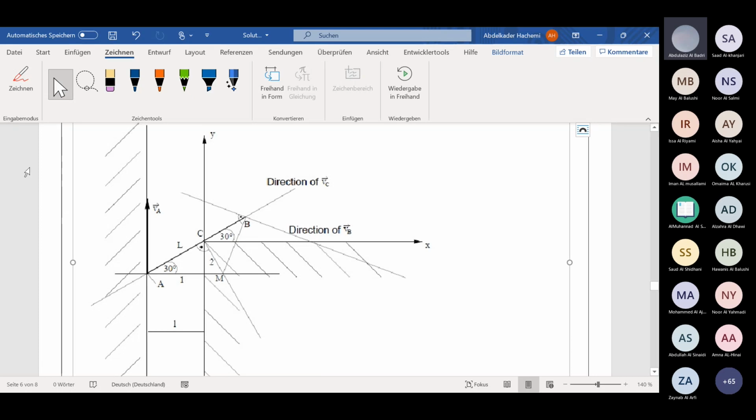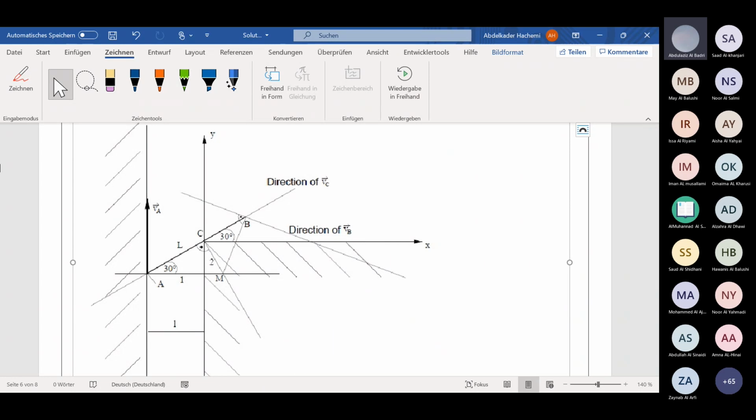Graphically, it's not precise, so you will lose some accuracy in the value compared to the calculation using the equations.